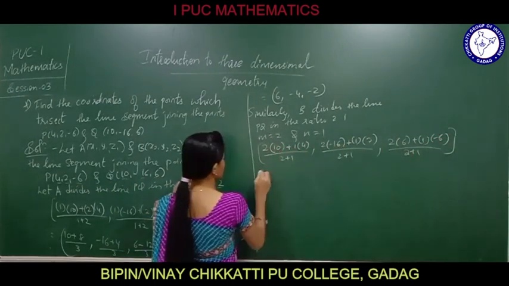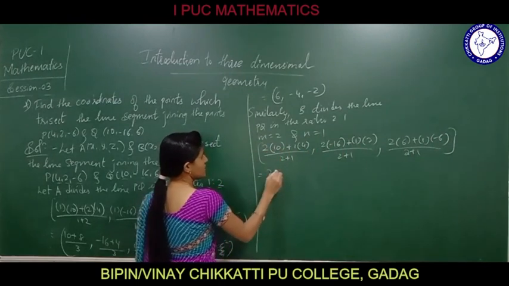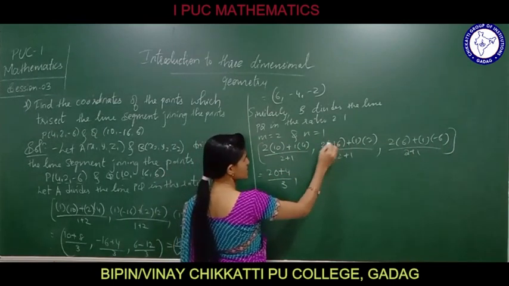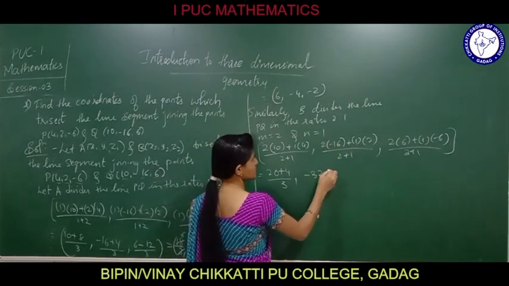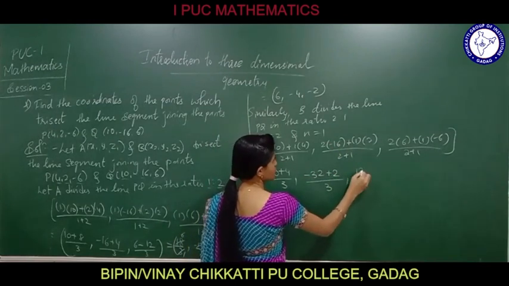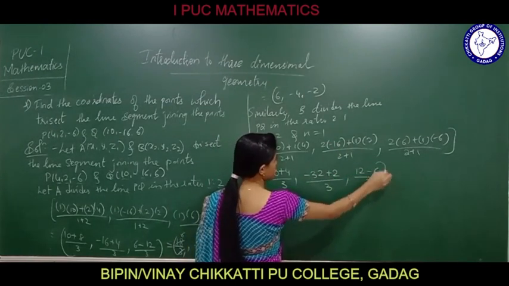2 tens are 20 plus 1 four is 4 by 3. 16 twos are 32, minus 32 plus 2 by 3. Next I have 6 twos are 12 minus 6 by 3.